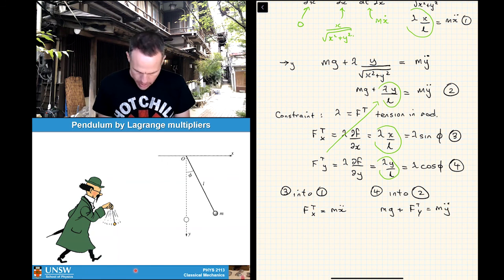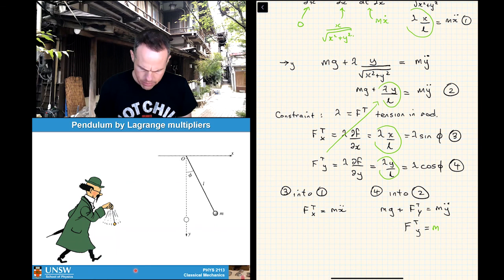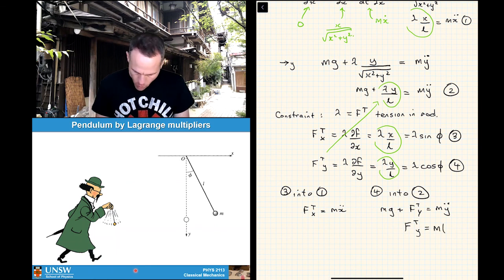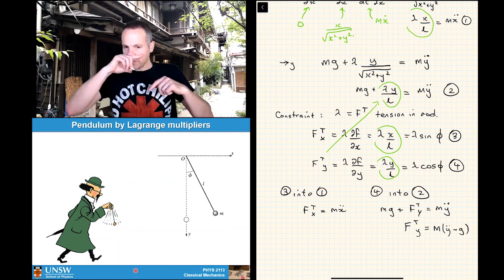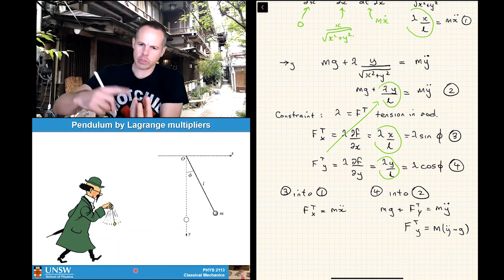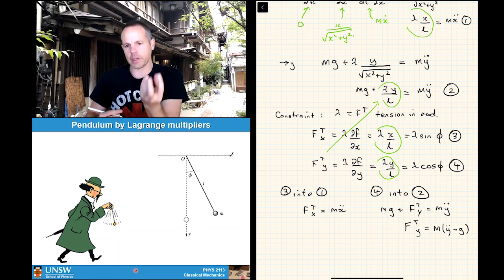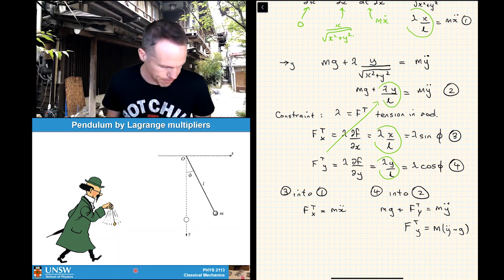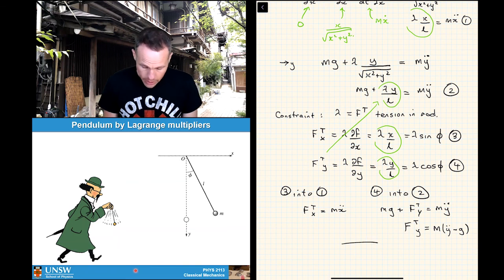And then if we clean this up, we know that F_T y is equal to m times y double dot minus g. Okay, and so all we're saying here is that we've got a total force or acceleration down on this rod, and remember y is pointing downwards, and if we subtract the component that comes from gravity, we get the piece that's connected to the tension in the rod. Okay, right, that's all we've done.